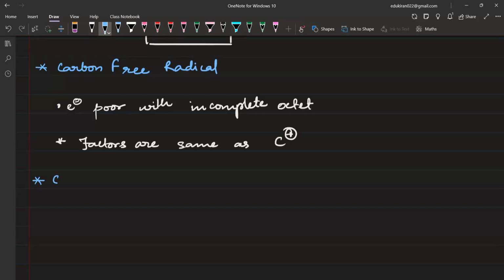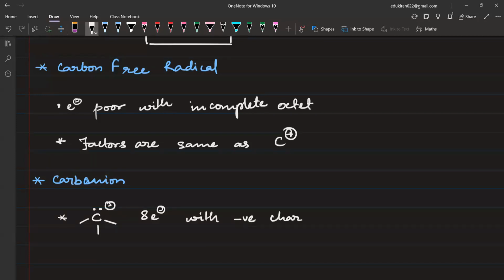The next one is carbanion. So the carbanion, we know that it has 8 electrons with negative charge.